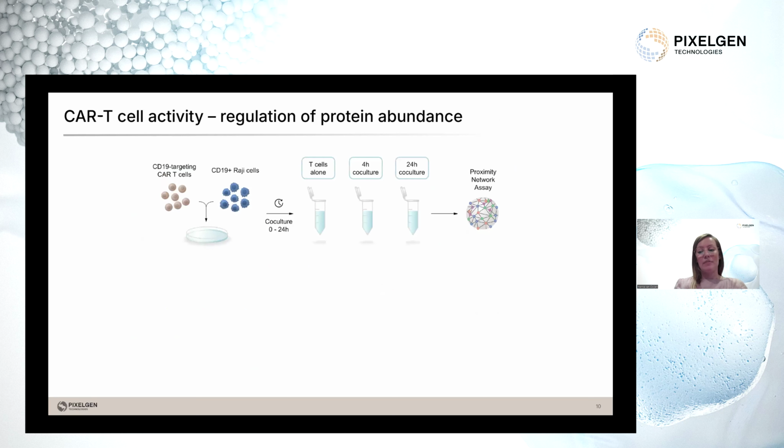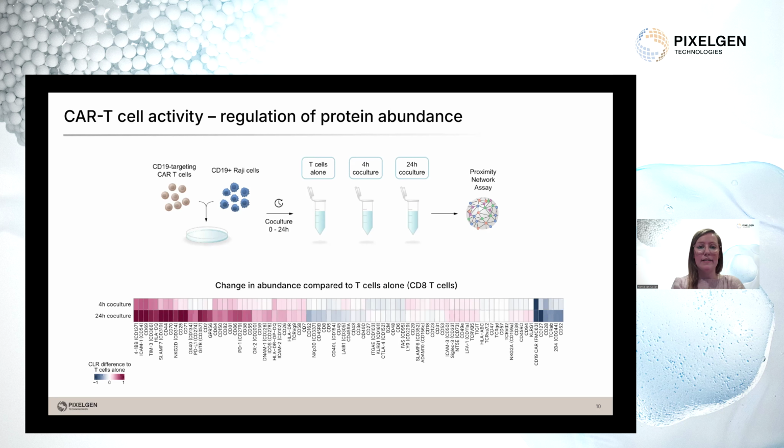So in the next step of this project, we were interested in looking at what happens to the cells during functional responses. So we co-cultured our CAR T cells with the CD19 positive tumor cell line, Raji cells. And then we took samples either of T cells cultured alone, cells that were co-cultured for 4 hours or for 24 hours, and then we ran the Proximity Network Assay.